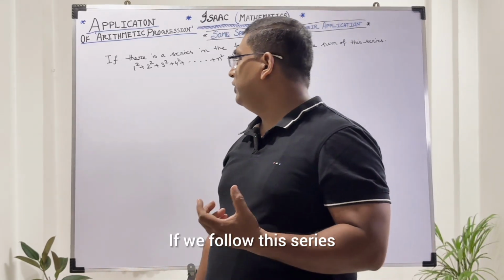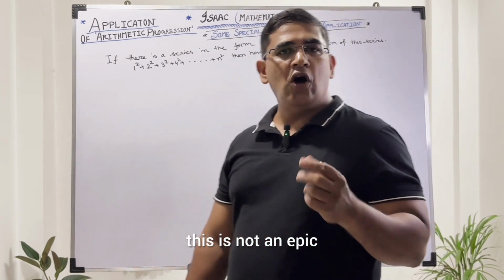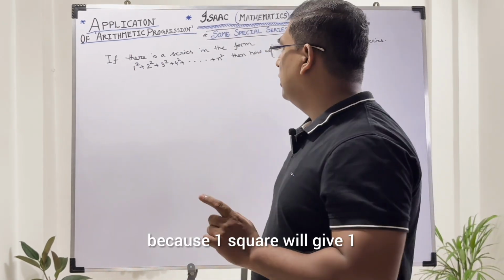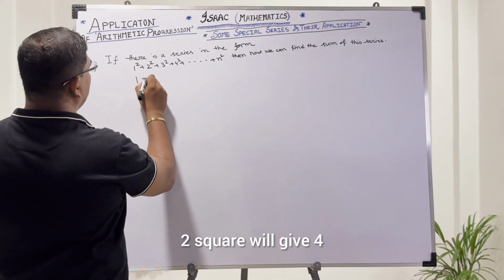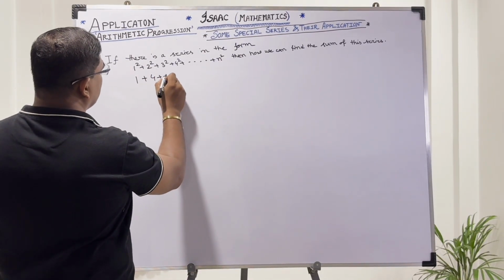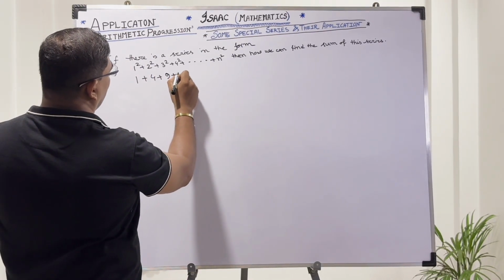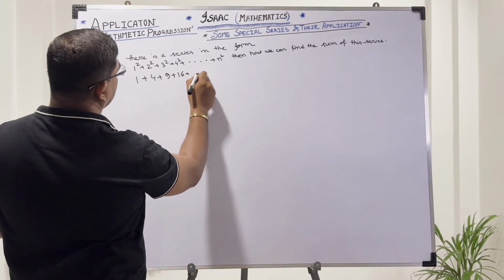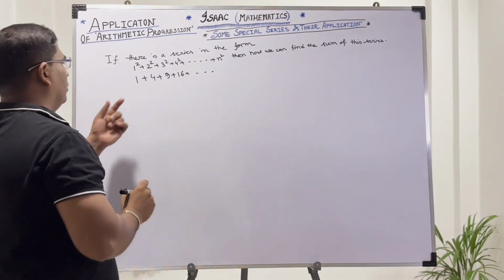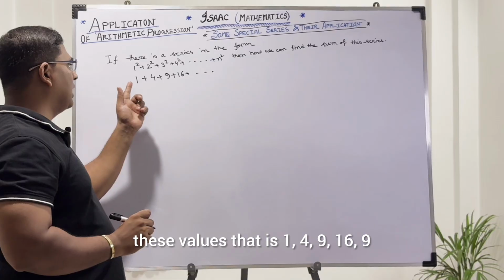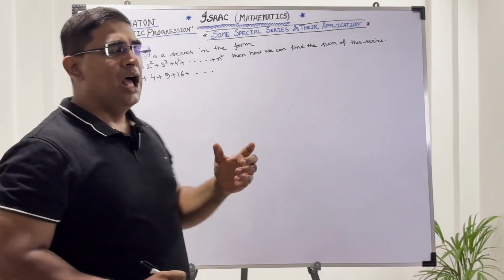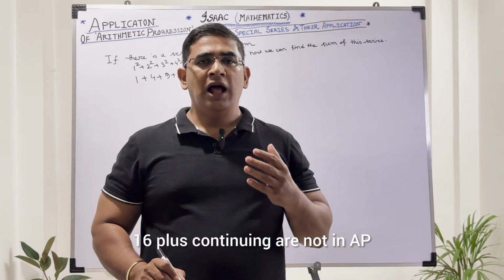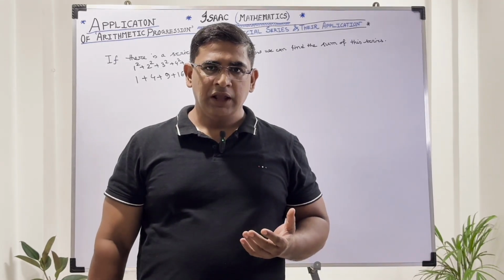If we follow this series, this is not an AP, because 1 square will give 1, 2 square will give 4, 3 square will give 9, 4 square will give 16. So these values, that is 1, 4, 9, 16 plus continuing, are not in AP.